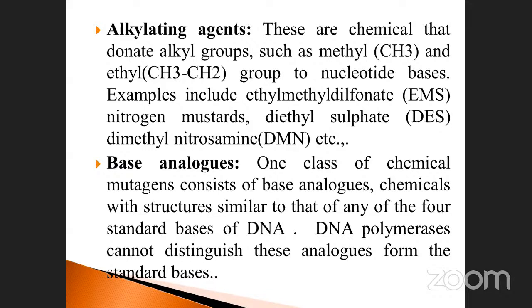Base analogs. One class of chemical mutagens consists of base analogs, chemicals whose structure is similar to that of any of the four standard bases of the DNA molecule: adenine, guanine, cytosine, and thymine.